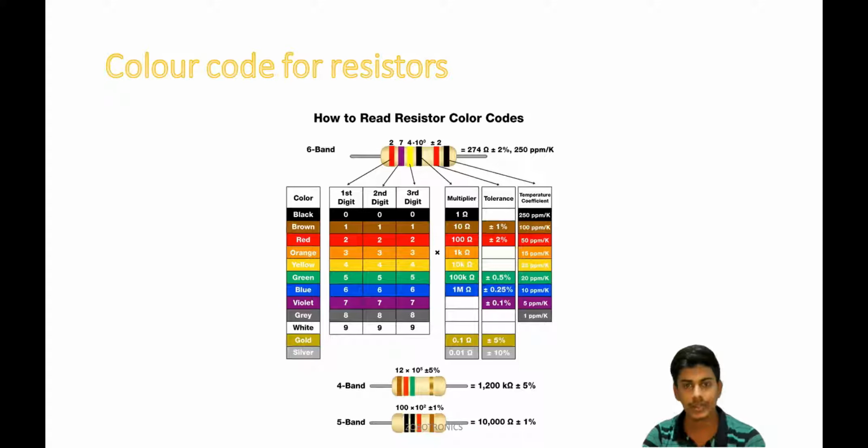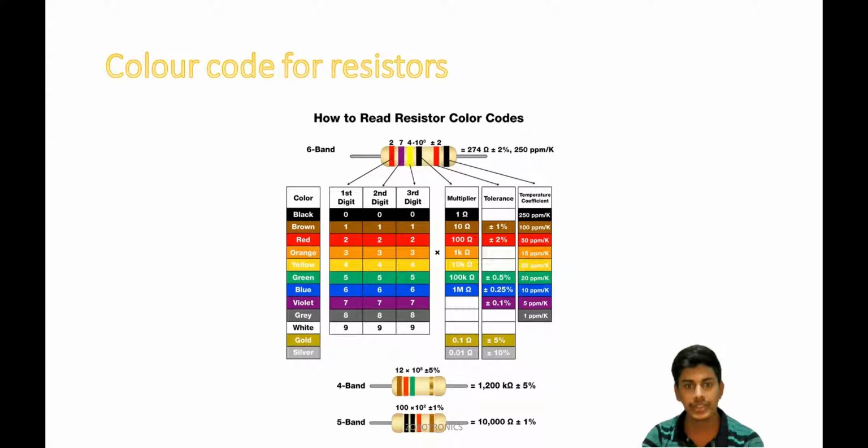So here is the color code for the resistors. Here are different color bands on the resistors, which show different digits, multiplier, and tolerance. Here is the color chart for the resistance. For black, it is 0 for the first digit, second is 0, and third digit is 0, and the multiplier will be 1 ohm.